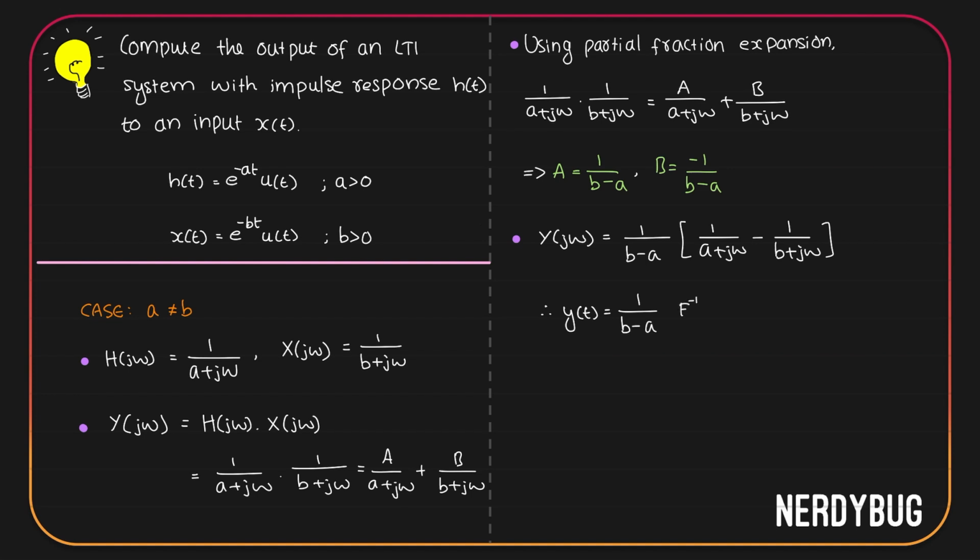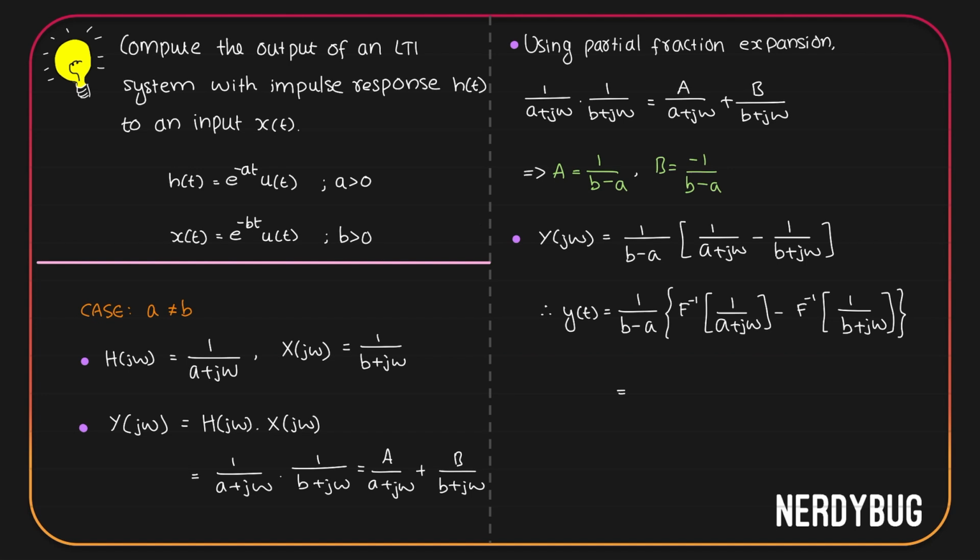Inverse Fourier transform of 1 by a plus j omega minus inverse Fourier transform of 1 by b plus j omega. We already know the inverse Fourier transform of 1 by a plus j omega is e raised to minus at u of t. So for 1 by b plus j omega, it will be e raised to minus bt u of t.